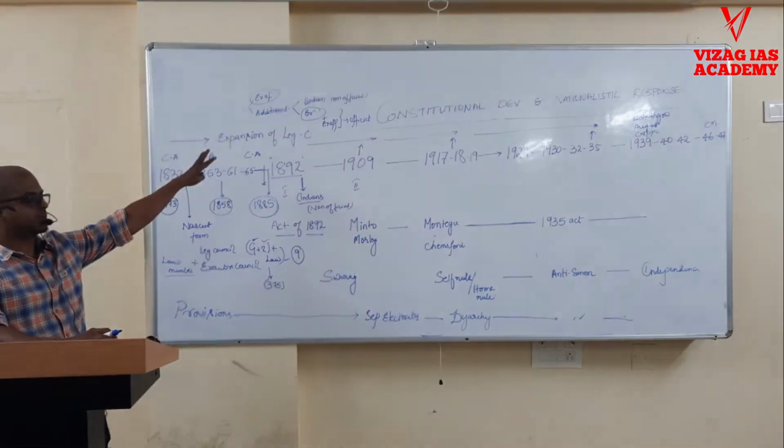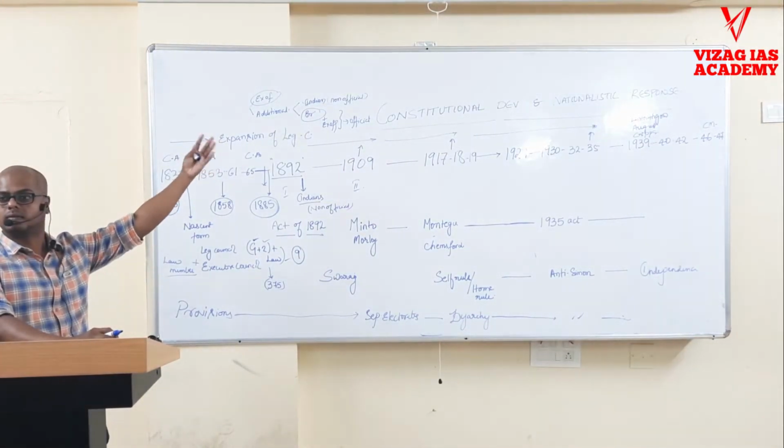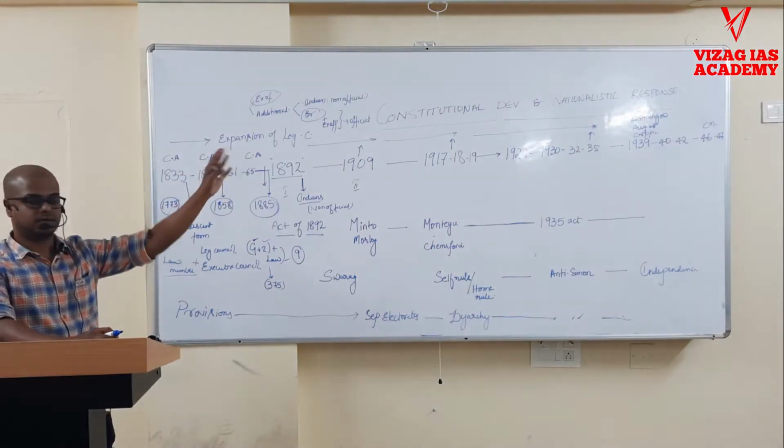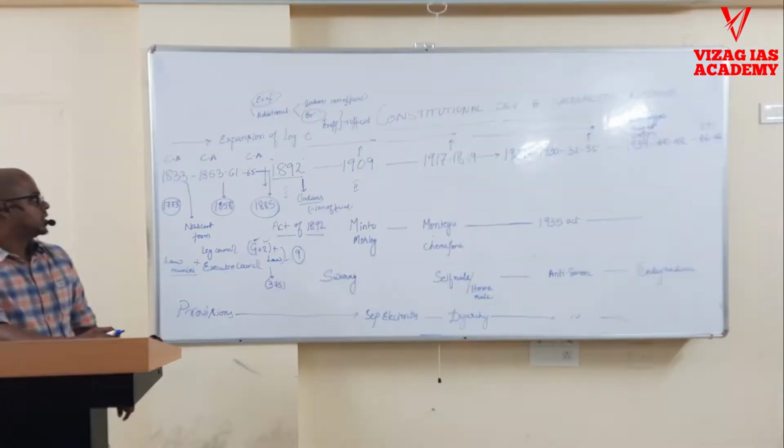So that is the basic framework, and we will see who are added, who are ex officio, how many Indians were added, all that we will see during the evolution.